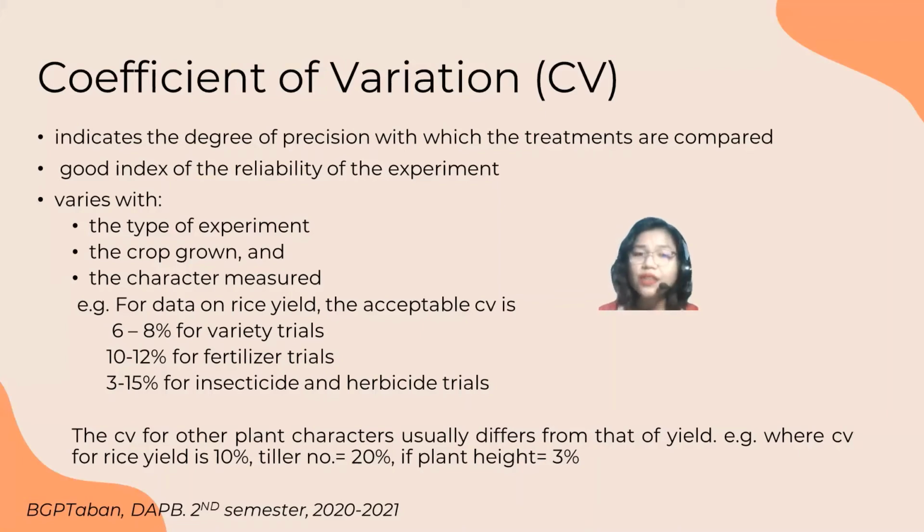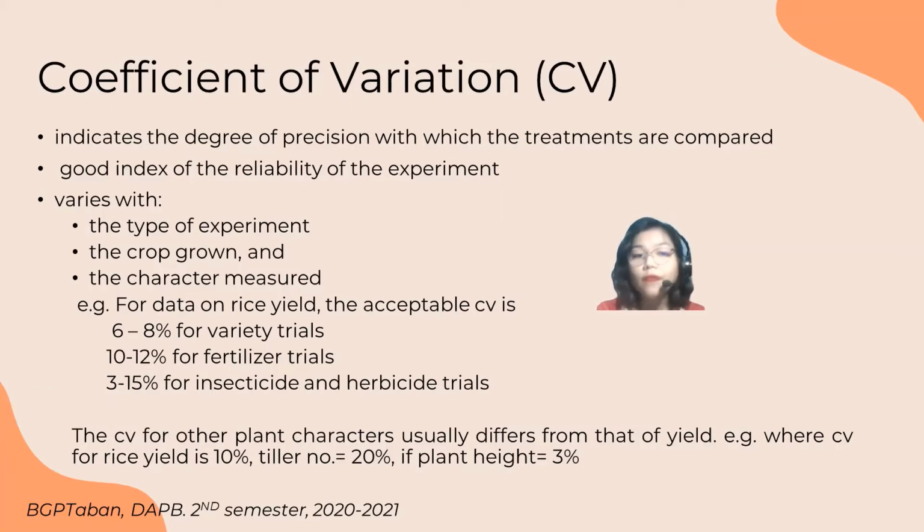Muabot na siya sa imong thesis, tan-awa na sa imong mga professors or sa imong mga advisor kung taas ba kaayo ang CV or kung gamay ba kaayo ang CV or within the range lang ang inyong CV. Because again, what is a CV? An index of reliability of the experiment. And it is dependent on the type of experiment, the crop grown, and the character measured or responses measured in the experimentation.